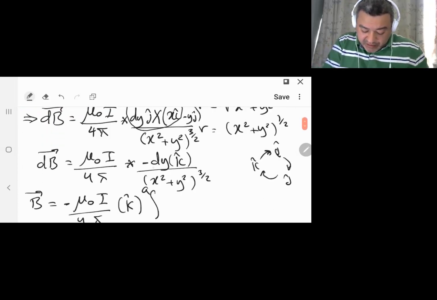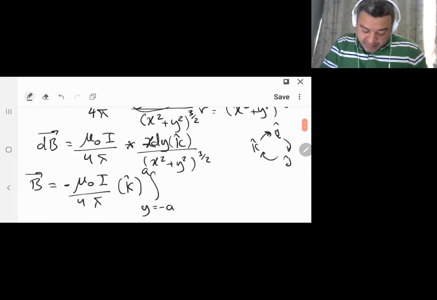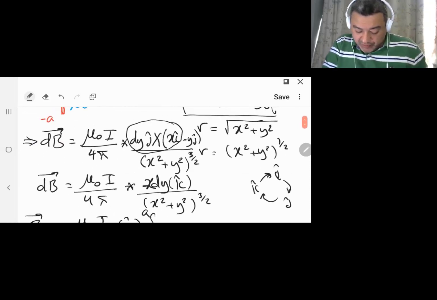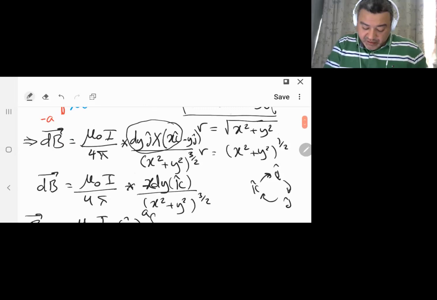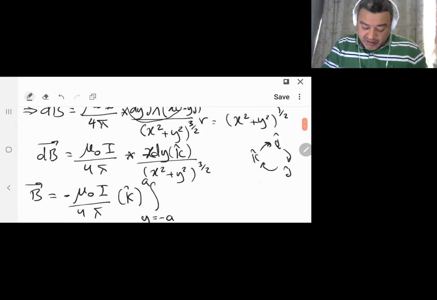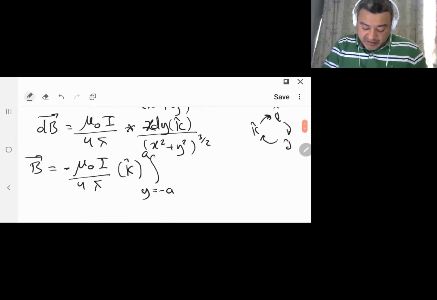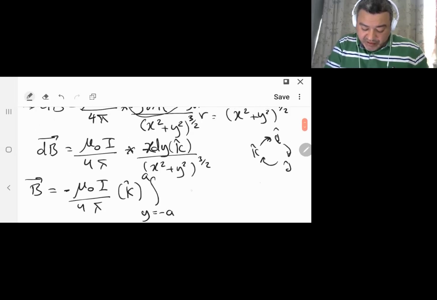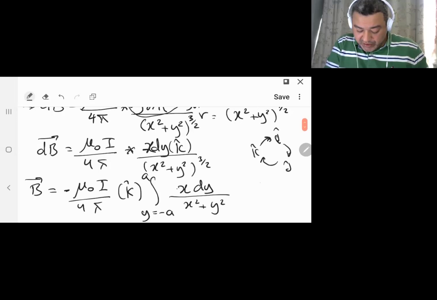It's x dy. The product of dy j cross xi is x dy minus k. So we have x dy minus k hat. So now the integration inside would be x dy over x squared plus y squared to the 3 over 2.